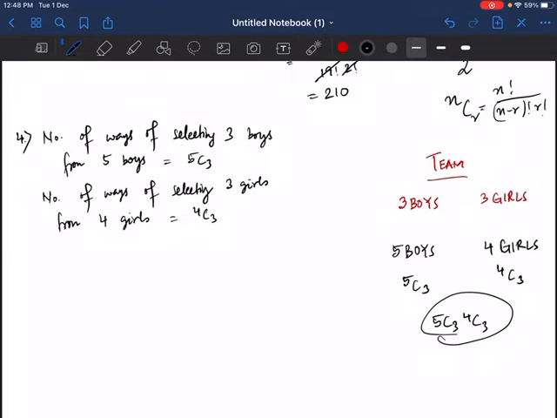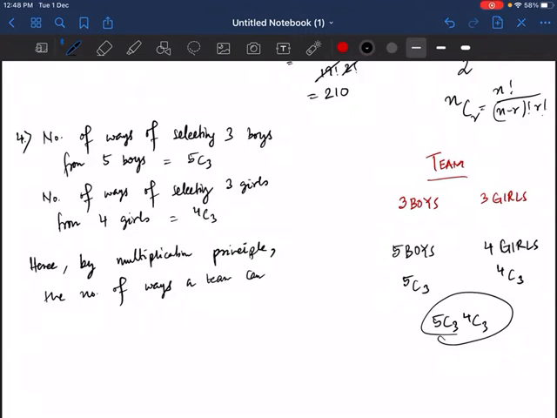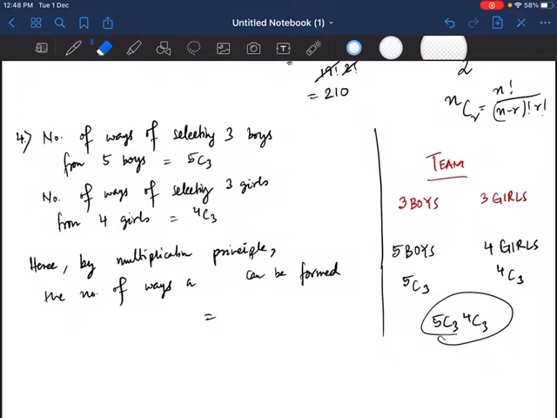And the required number of ways of creating a team: hence, by the multiplication principle, the number of ways a team can be formed is equal to 5C3 into 4C3.